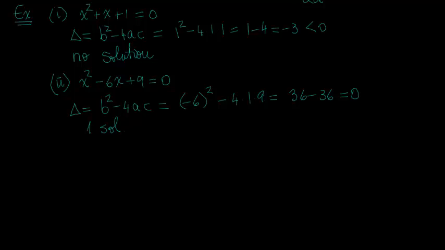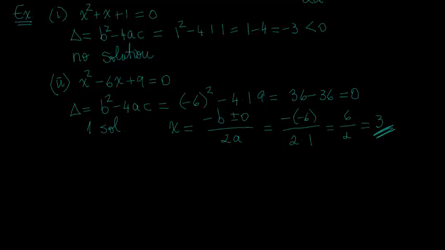And what is that solution? Well, the quadratic formula now tells me minus b, plus or minus 0, over 2a. So just minus b over 2a, which in this case is minus negative 6 over 2 times 1. So I get 6 over 2 or 3. So the solution of the quadratic equation is a single one, namely 3.